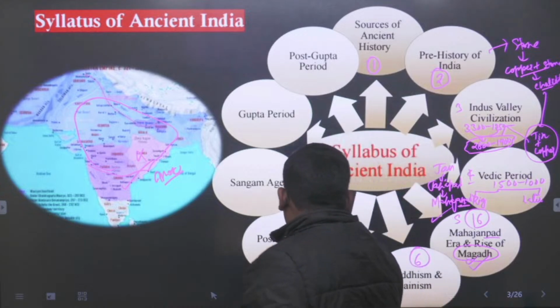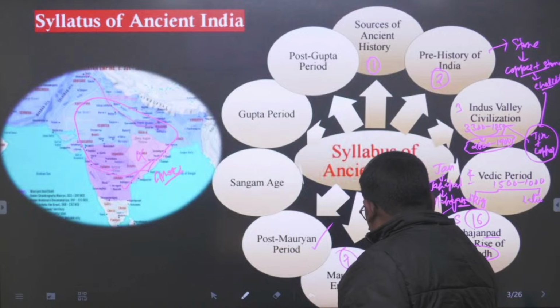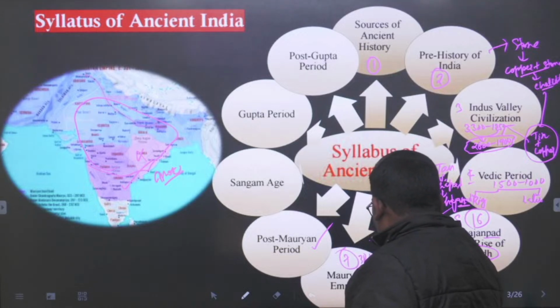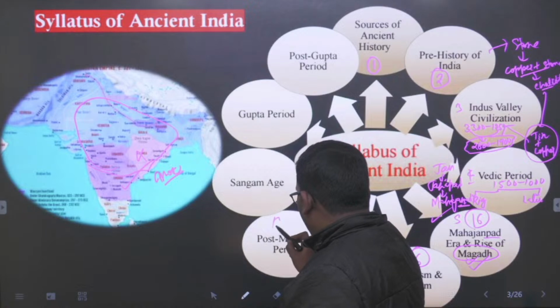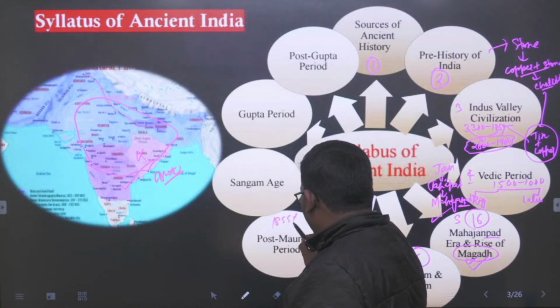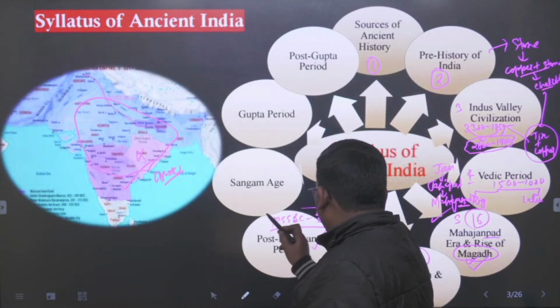The Mauryan Empire's time period is 321 BC to 185 BC. The post-Mauryan time period is 185 BC to 319 AD, the time when the Gupta Empire was established.